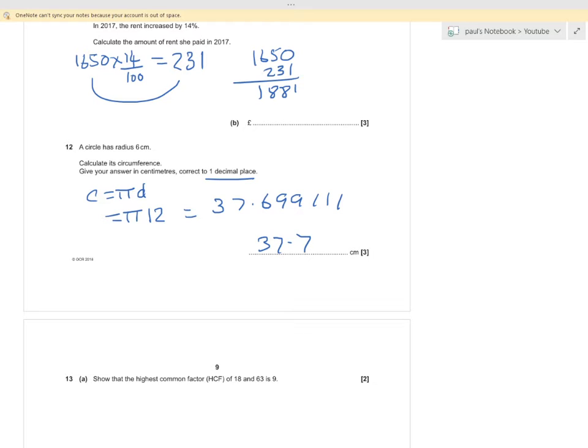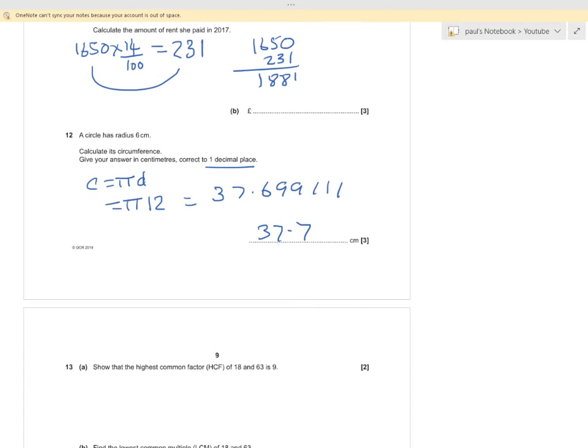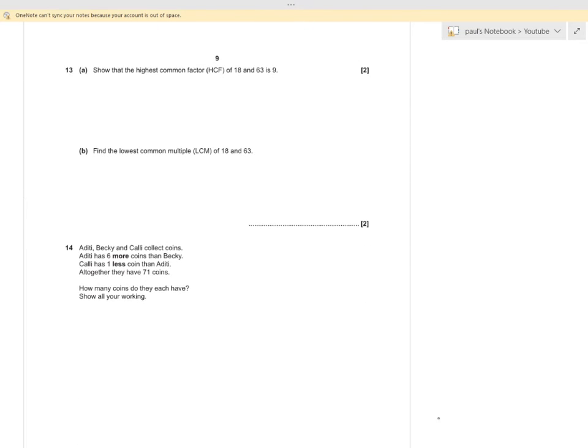Let's go to the next one. Highest common factor. Show that the highest common factor of 18 and 63 is 9. All the factors of 18 are 1 times 18, 2 times 9 and 3 times 6.